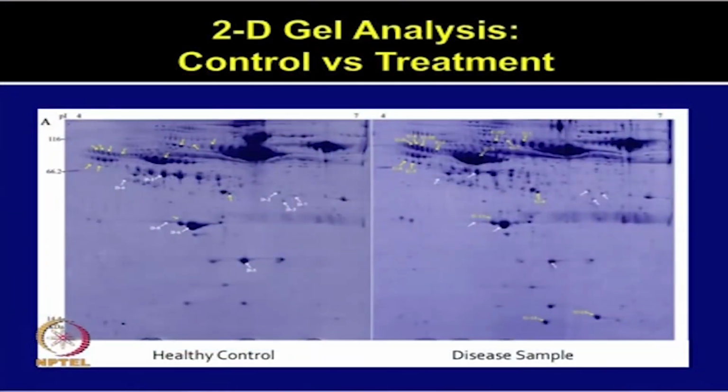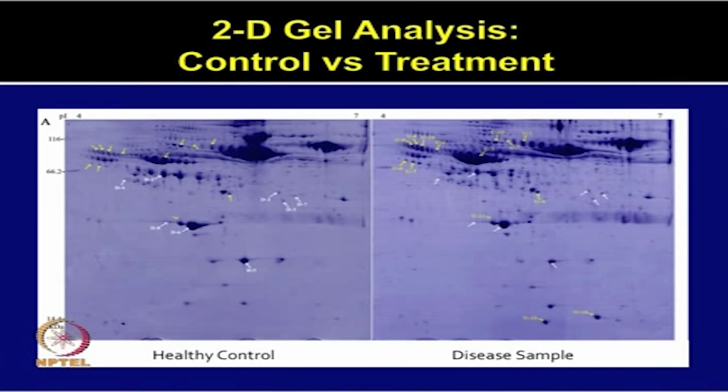Now, I am showing you a gel pattern of control and its comparison with the treatment gel. These are taken from one of the healthy controls and a disease sample, and each of the spots is compared from the control to the treatments.